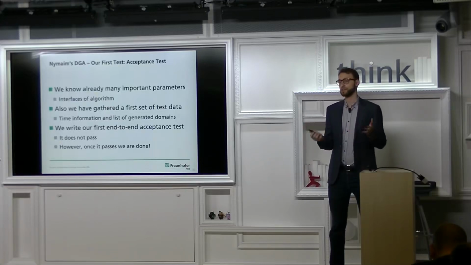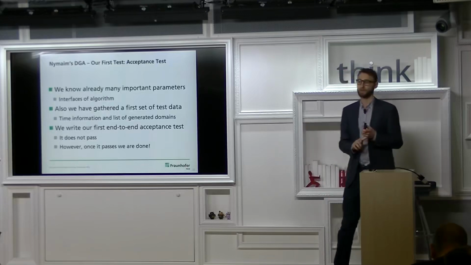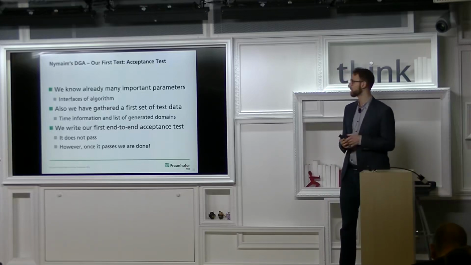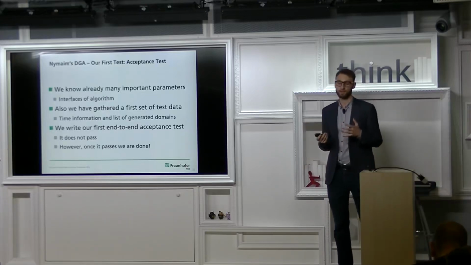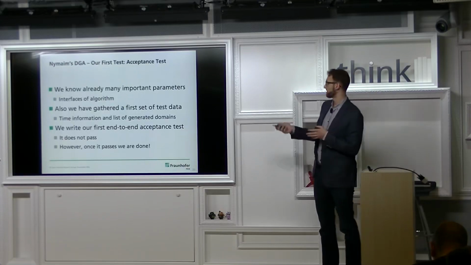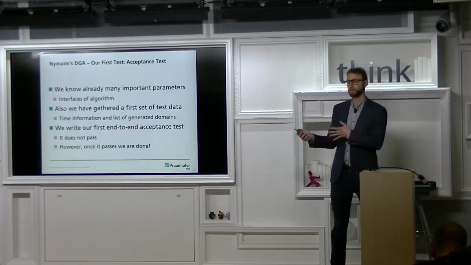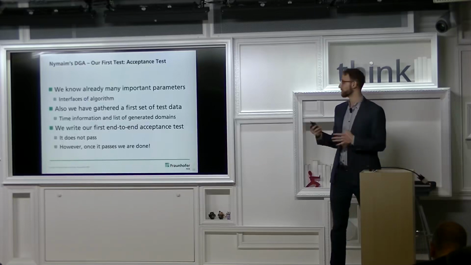So then we let the binary run. I broke at the beginning, I broke at the end, let it run, and gathered the data at both ends, and wrote an initial acceptance test, which guided me through the implementation and showed me when I had finished the behavior re-implementation.